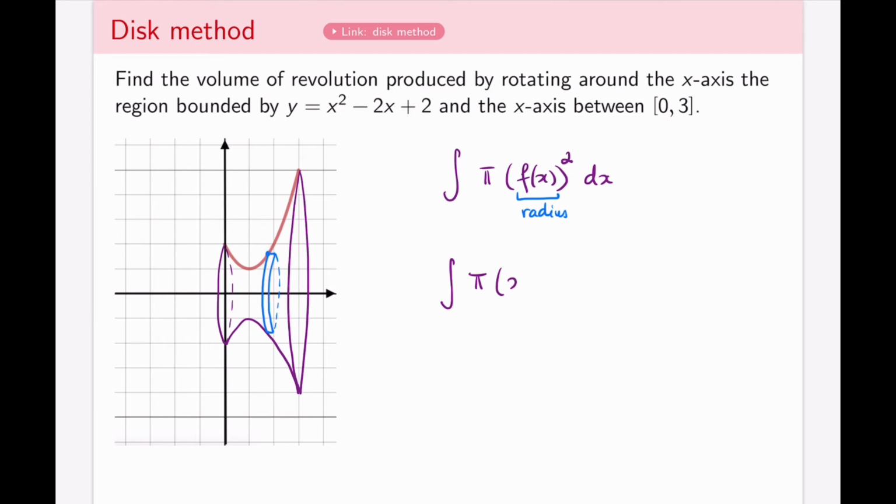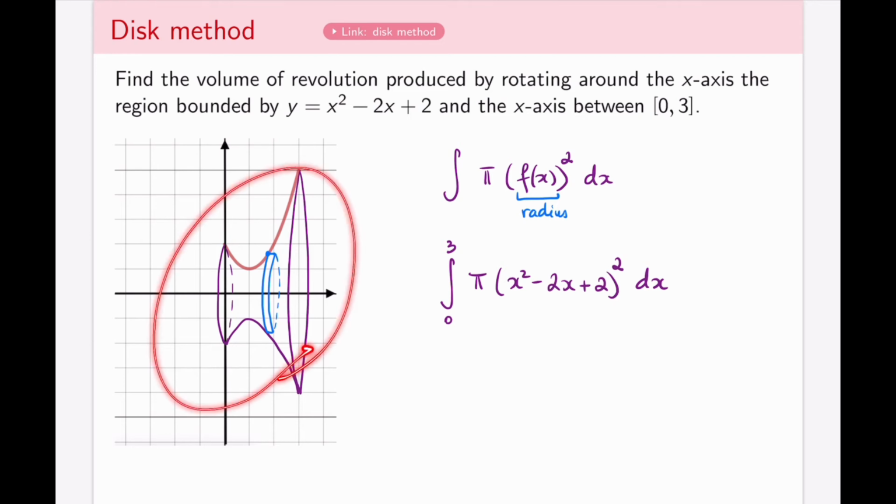So my function here is x squared minus 2x plus 2. The radius has to always get squared, dx. Now my integral is in terms of x, and I'm asked to go in terms of x's between 0 and 3. So this is my integral that, when evaluated, will give me the volume of this solid three-dimensional object.